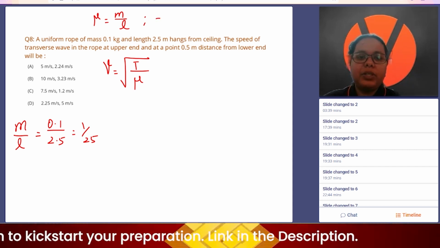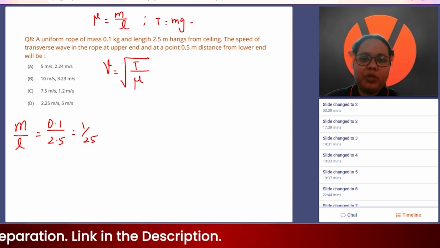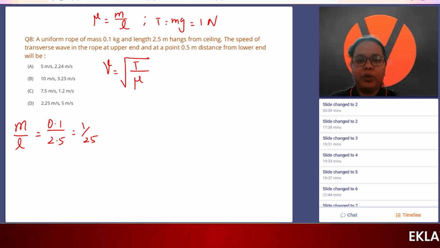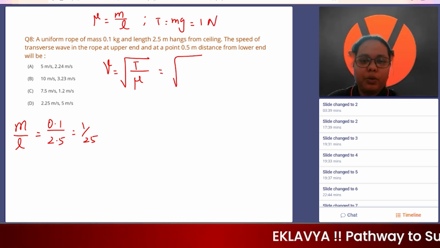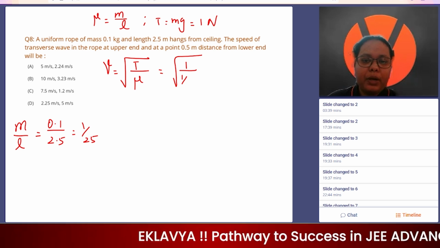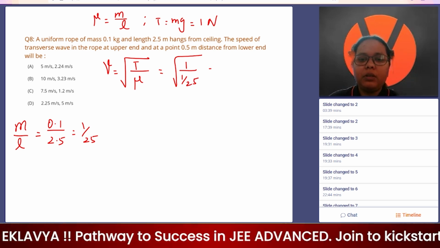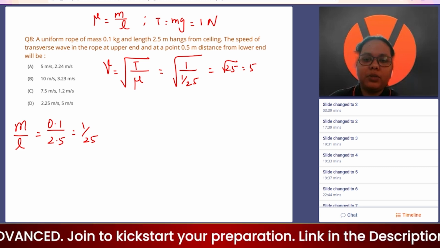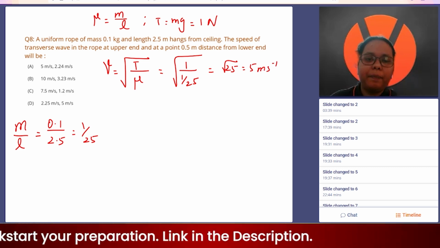Now tension is nothing but mg, so 0.1 into 10 gives 1 Newton. So v is equal to root of 1 by 25. The denominator of the denominator will come to the numerator, so the answer is going to be 5 meter per second.